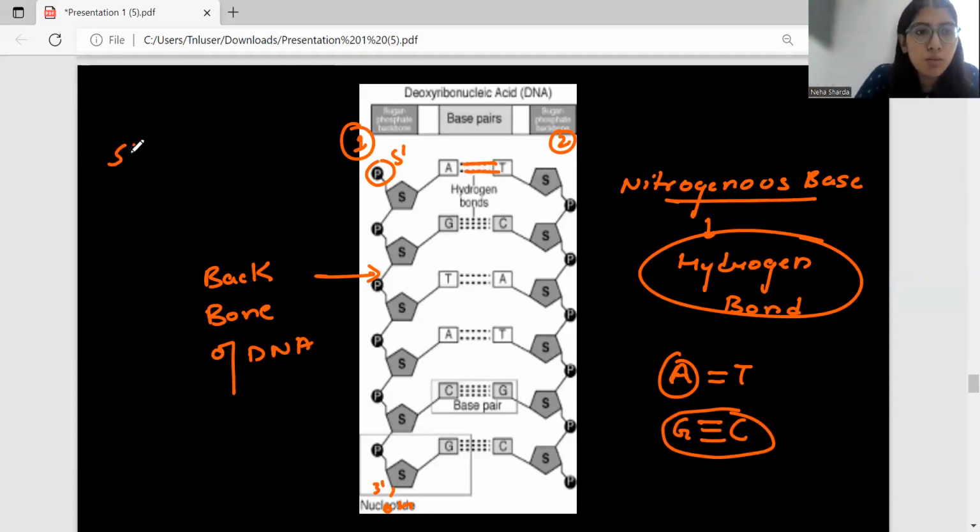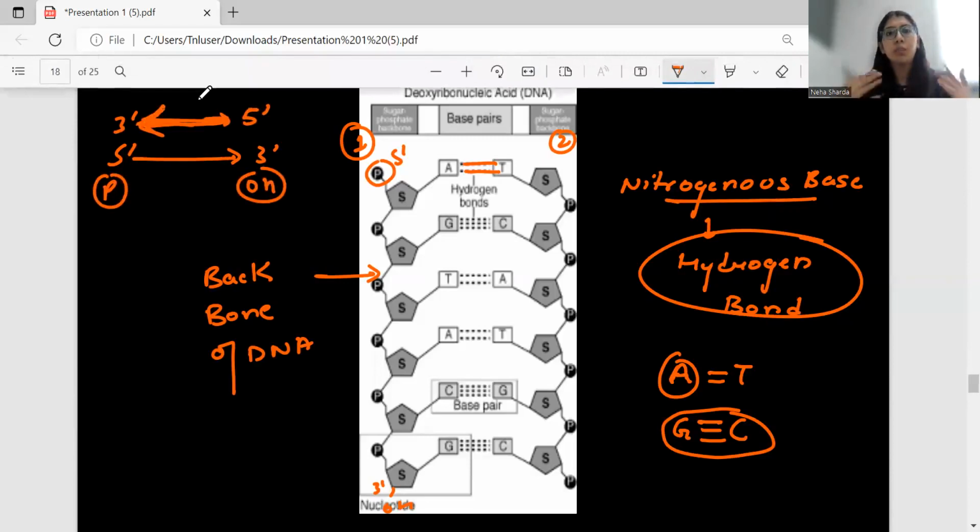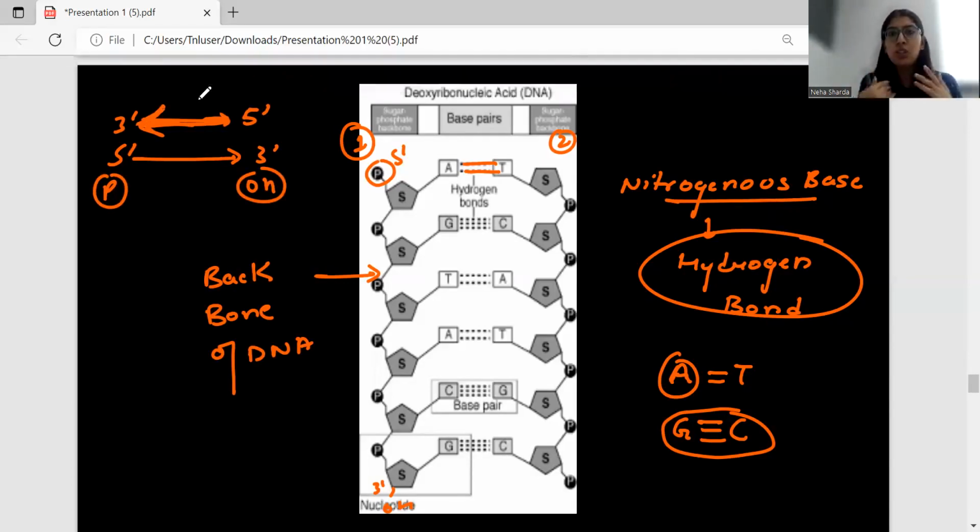If one strand is from 5' to 3' direction, the other strand will be 3' to 5' direction. So at 5' we have phosphate group, at 3' we have hydroxyl group. And through this opposite polarity, DNA will form hydrogen bonds.